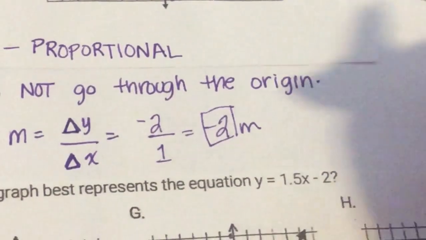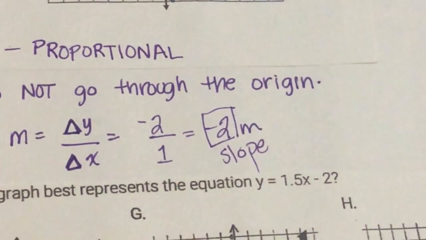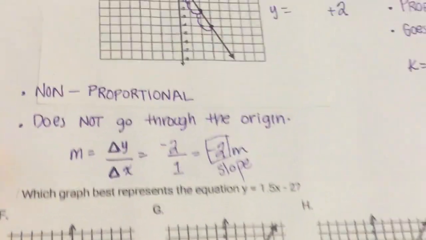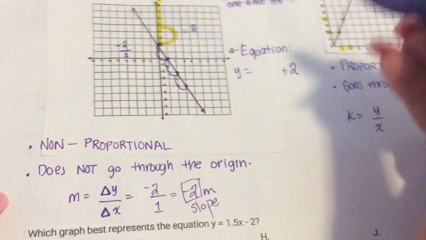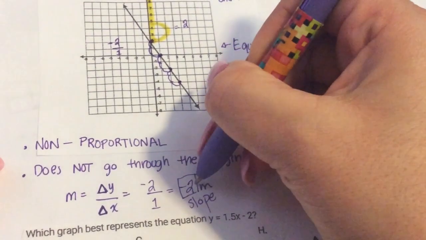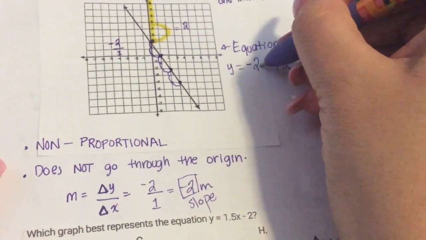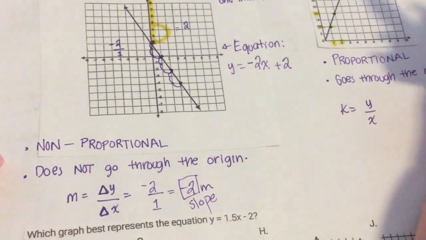And also a term that you're going to be using in 8th grade is, this is called the slope of your graph. So to finish this equation, the equation for this relationship is going to be negative 2, because we said the m is negative 2, times x plus 2 equal to y, right?